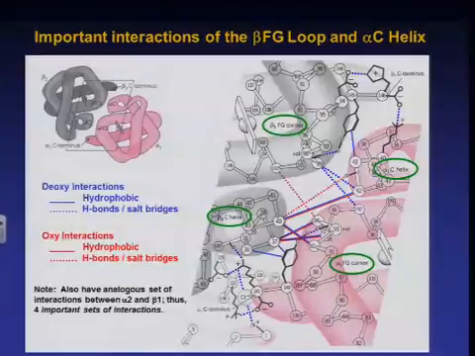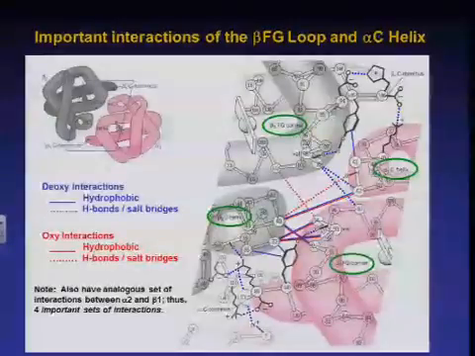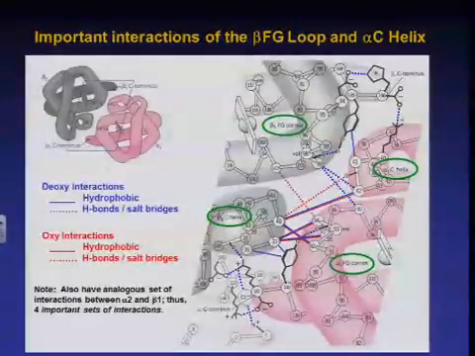So if something is stabilizing the deoxy form, is that causing the affinity for oxygen to go up or to go down? Down. So the Bohr effect is dealing with the pH effect on the protonated versus unprotonated state, what?